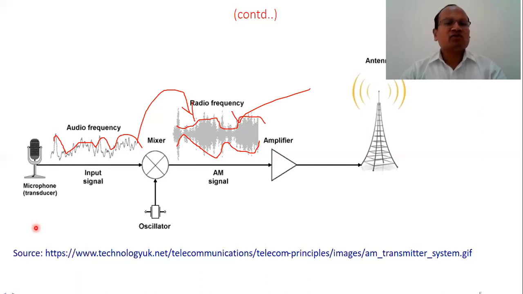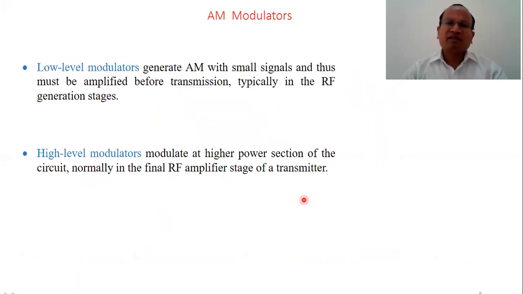Okay, so let me choose again a pointer. All right, so when we talk about the AM modulator, which is the most essential stage or component in an AM transmitter, the AM modulators are of two types: low level modulator and high level modulator. How do we differentiate between low level and high level?